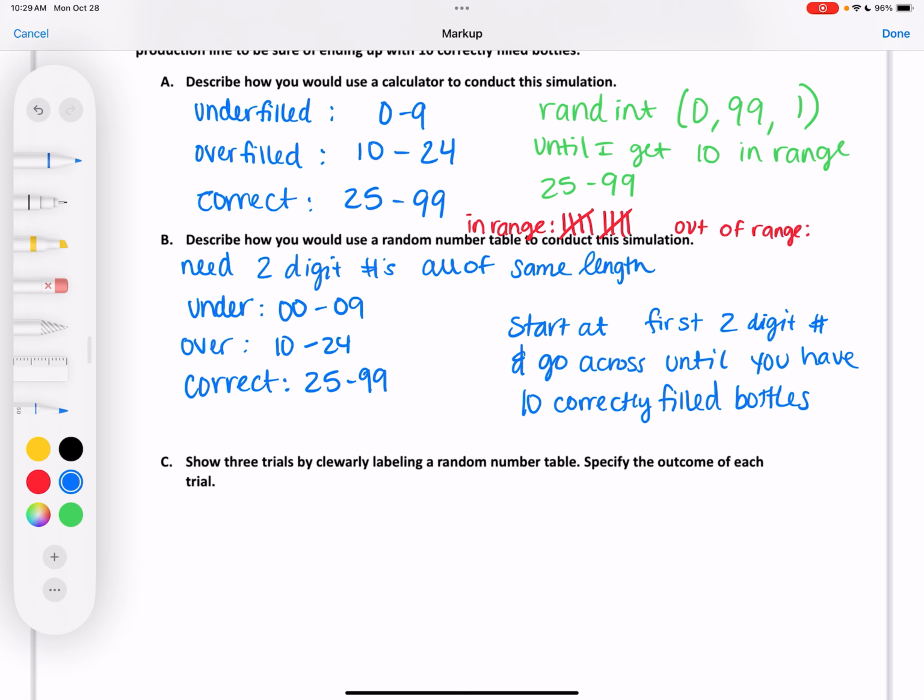I'm skipping doing it on the random number table because it takes a really long time when your calculator will do it for you. So we're just using that to draw our conclusion at the bottom. But if you are so inclined to go back and do it using the random number table, you are welcome to do that at some point.